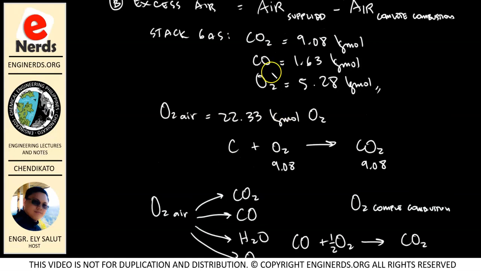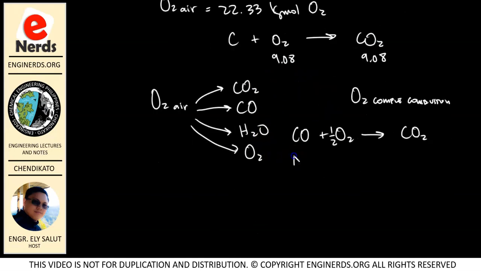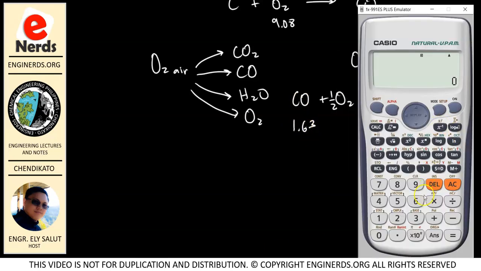Gaano karaming carbon monoxide meron tayo? 1.63, no? So we have 1.63 ng carbon monoxide. Ngayon, kailangan nating makuha gaano karaming oxygen ang meron tayo. So it will be 1/2 of 1.63, that means 1.63 divided by 2, which is equal to 0.815.